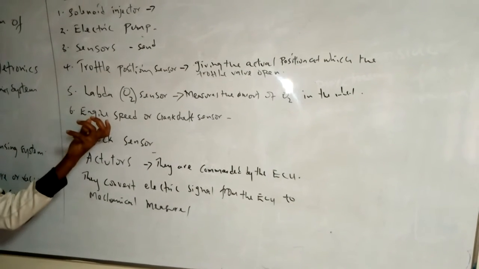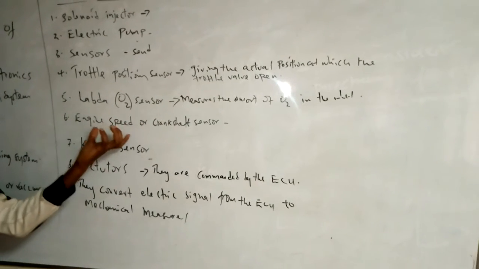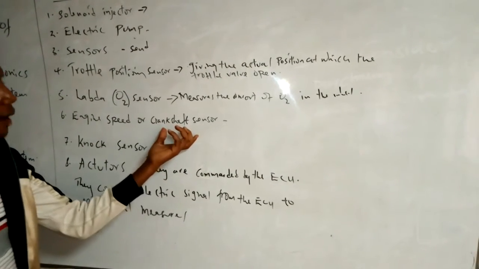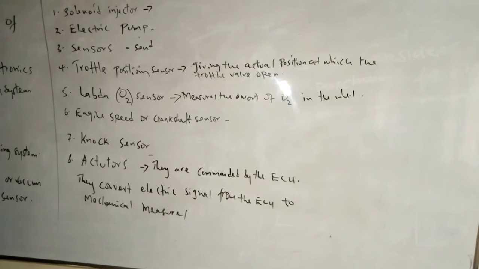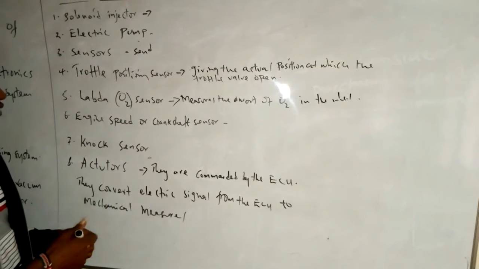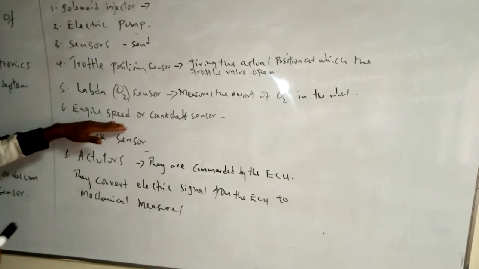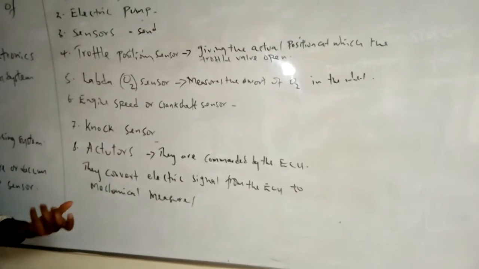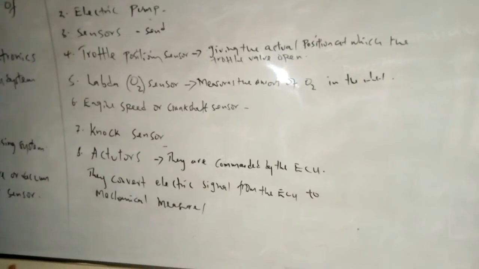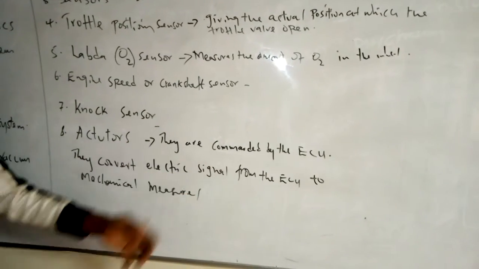We have the engine speed sensor, or the crankshaft sensor. This one sends an electric signal to the ECU, giving information on the speed of the engine. Now we have the knock sensor. The knock sensor will be able to tell you whether the engine will have a knock in the next minute or not.